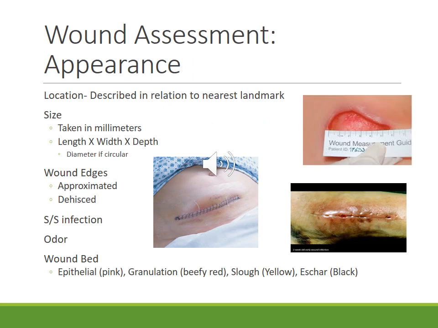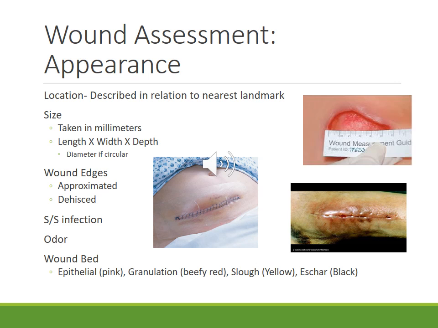So just going a little bit further, and you will do some of this, I believe, in Skills Lab, but when you're doing a wound assessment, what location is it at? Because in your documentation, you're going to have to describe the location in relation to its nearest landmark, or where is that incision at?